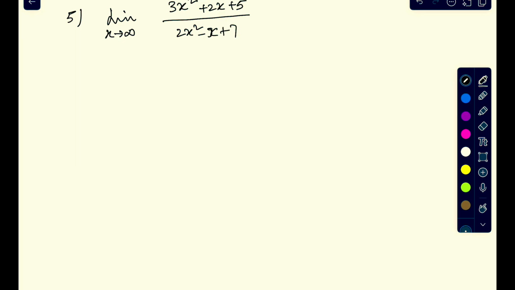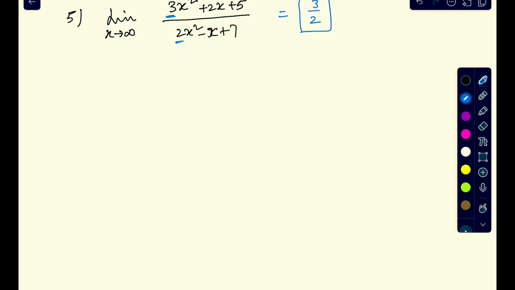What should we do? The basic principle is to take the coefficient of the highest power of x. This is the coefficient of the highest power of x, and this is the coefficient of the highest power of x. Just take these in the numerator and denominator and leave everything else. So the answer will become 3 over 2.